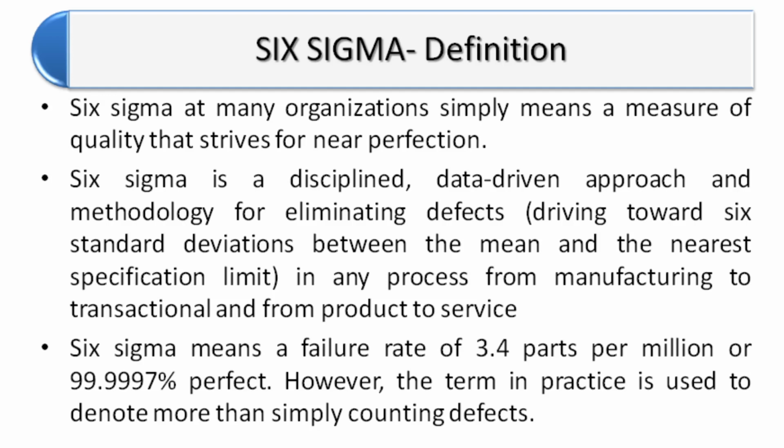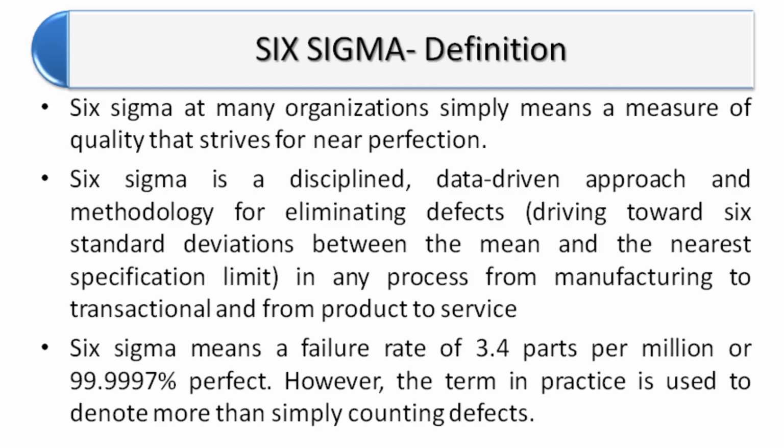So there should be only 3.4 parts per million, per 10 lakh products, that are defective. Only 3.4 parts per 10 lakh products are defective. So this is the goal that we have to reach.